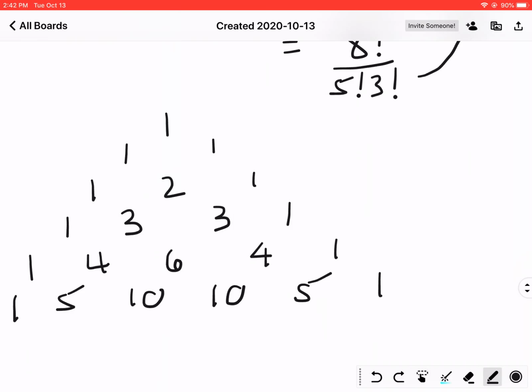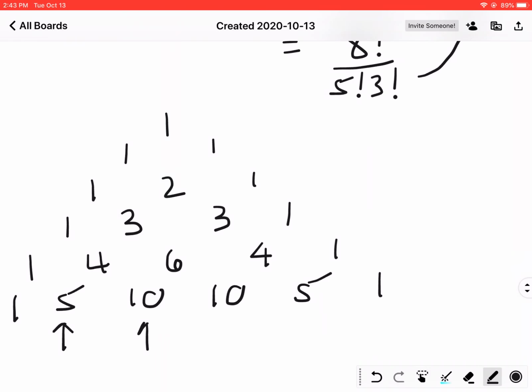Remember we just did, a few minutes ago, 5 choose 1. That's that number right there. And I talked about the fact that I could have the numbers in the first and second. If I was choosing 2, I could have numbers in the first and second, first and third, first and fourth, first and fifth, second and third, and so on. And there were in fact 10 of them.